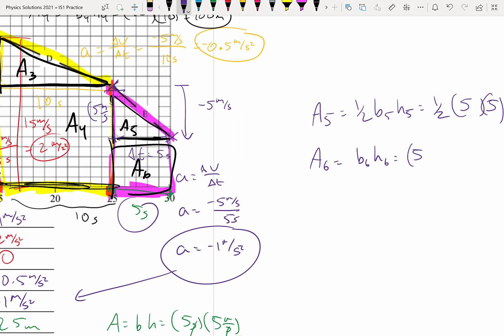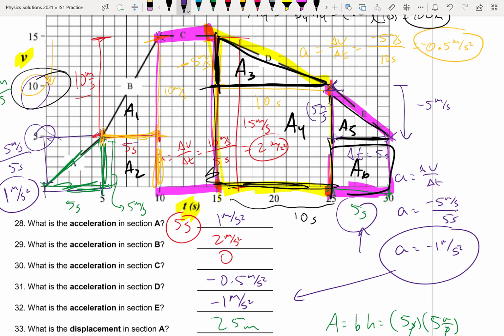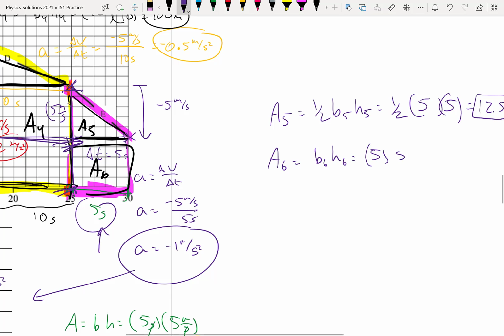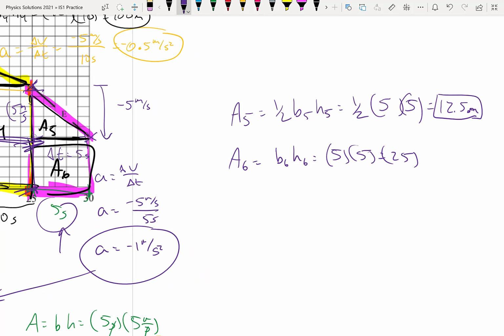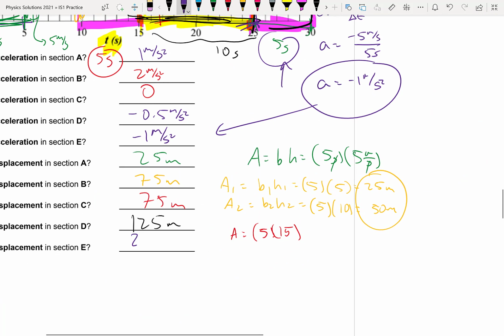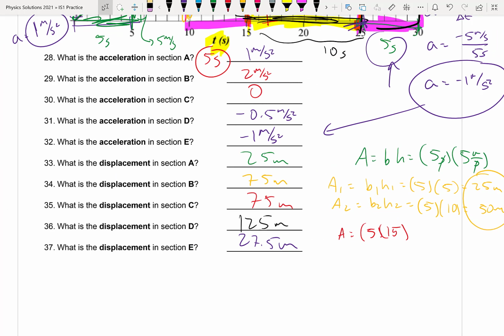The base is still 5 seconds, and the height is also 5. So that's 25. So 25 meters plus 12.5 is going to be 37.5 meters. And that's the area there. So there you go.